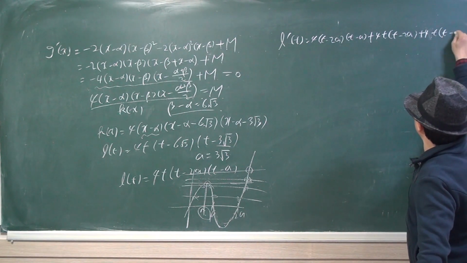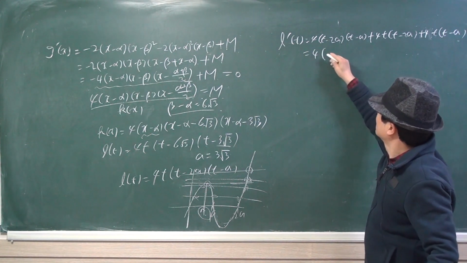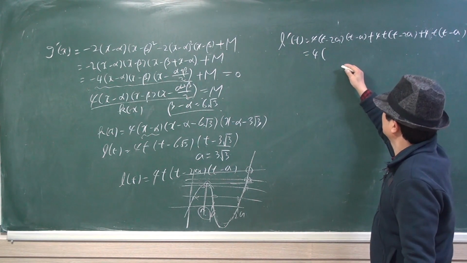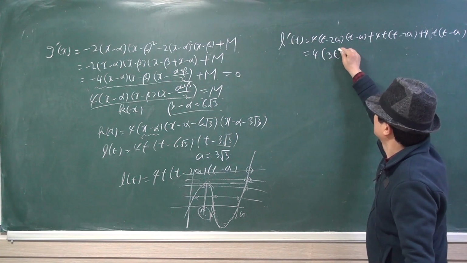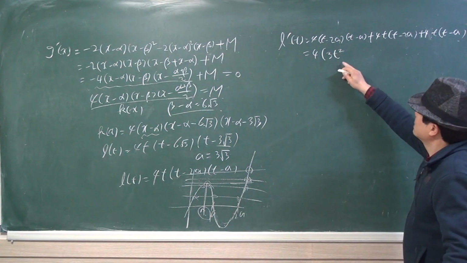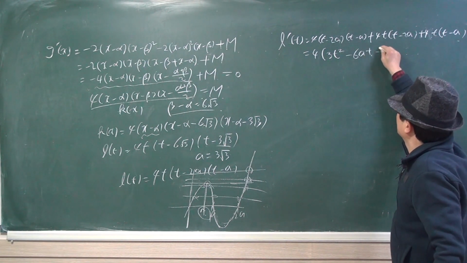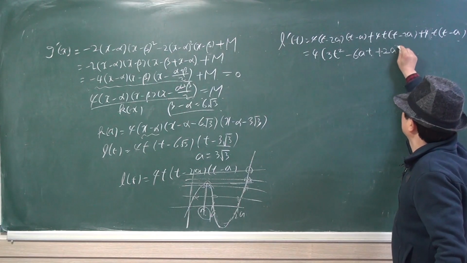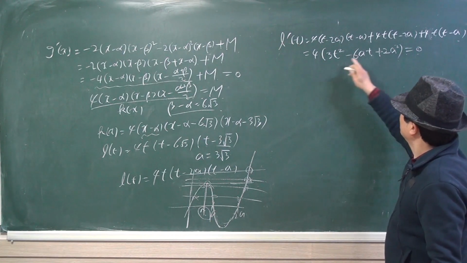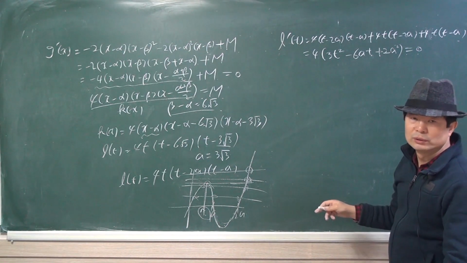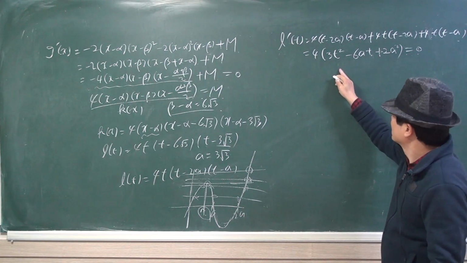Then after some organizing, 3t squared minus 6at plus 2a squared, and it must have 2 solutions since it's a quadratic function.